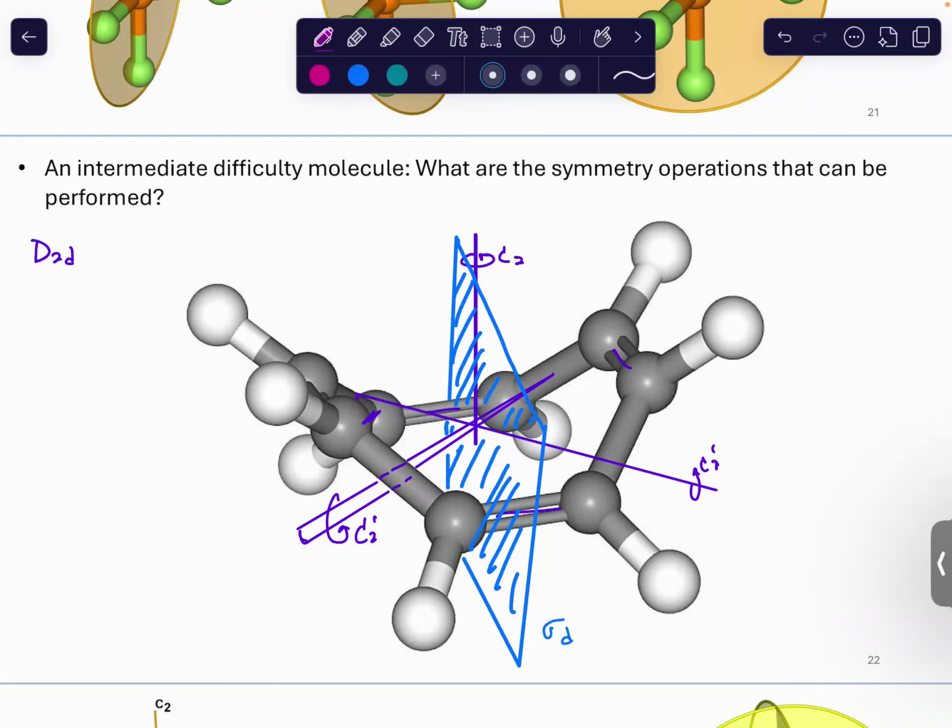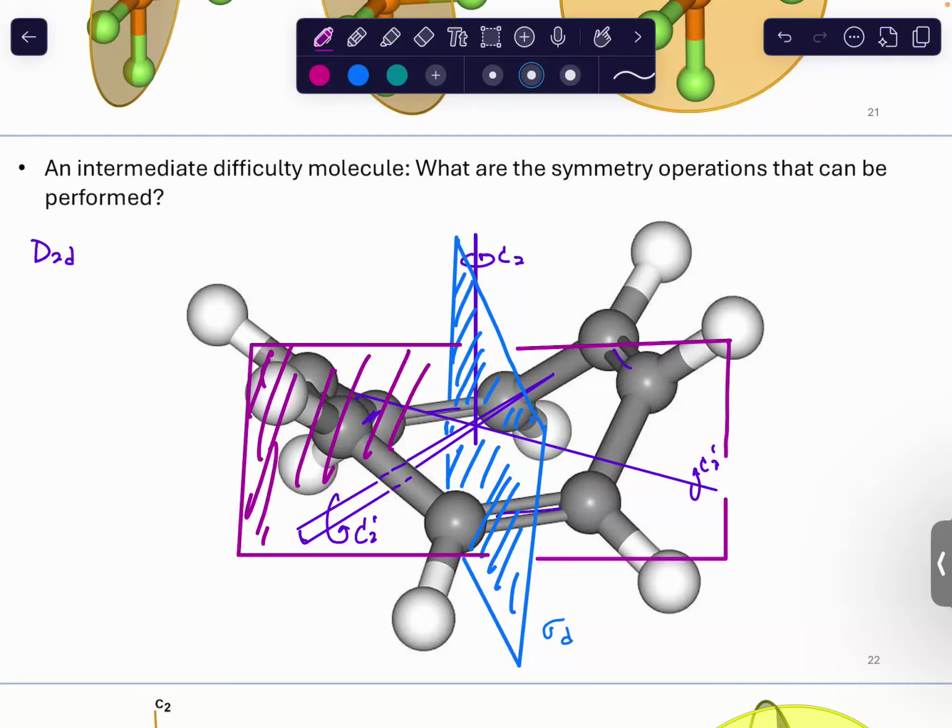So it would cut the other way. So it cuts between those two C2s on the other side. So we have two sigma Ds.